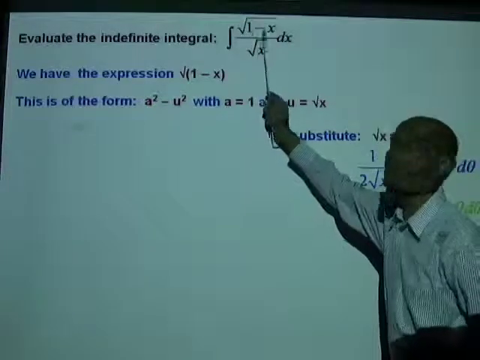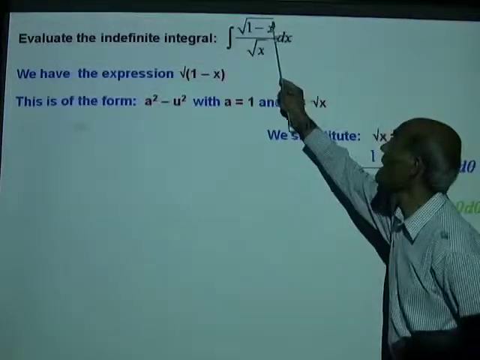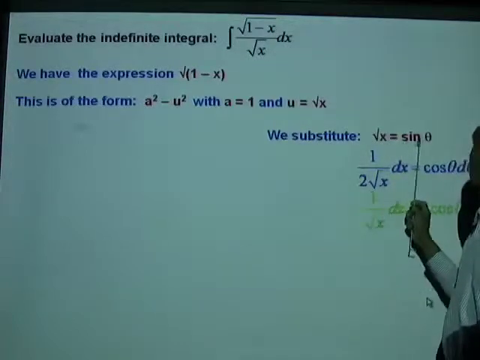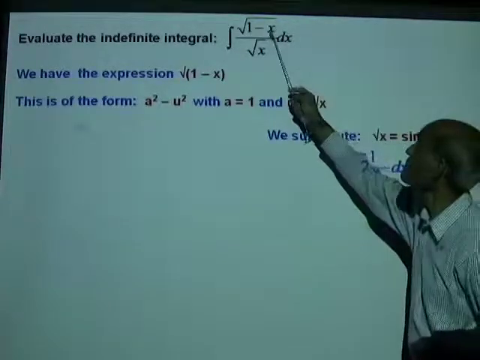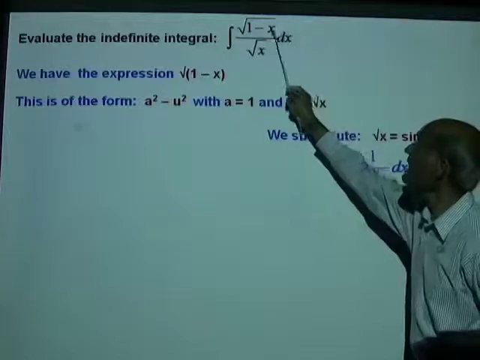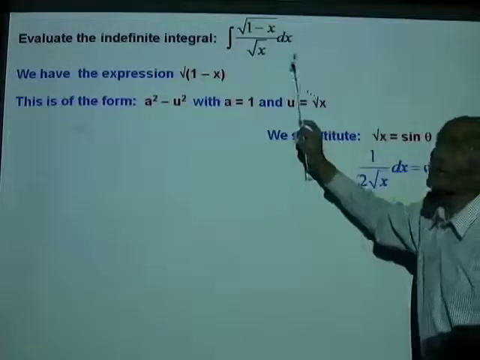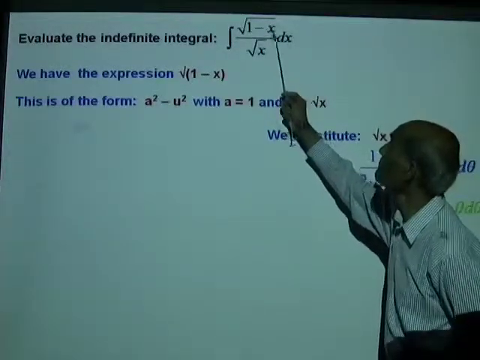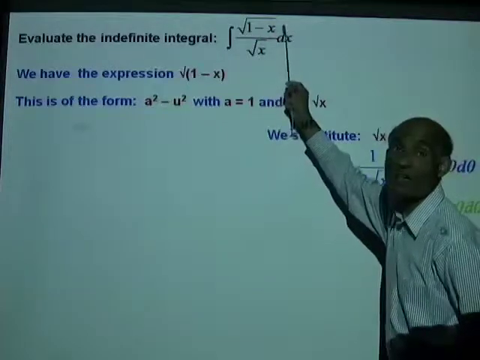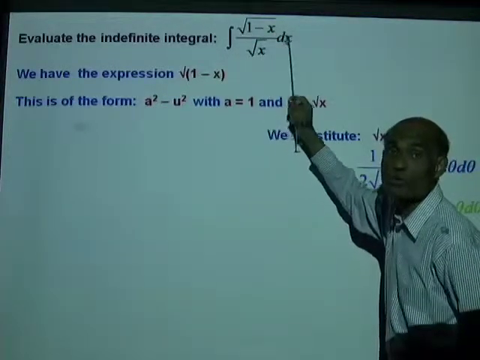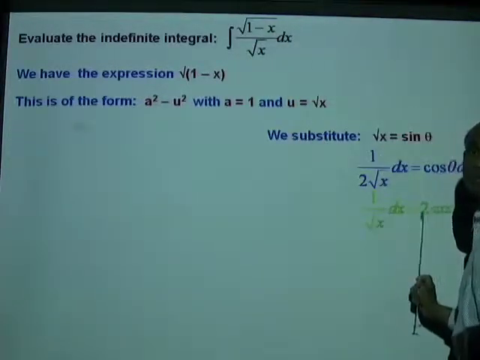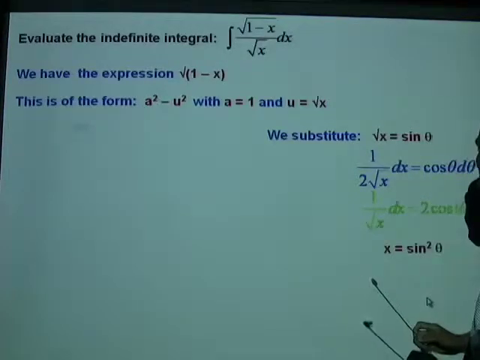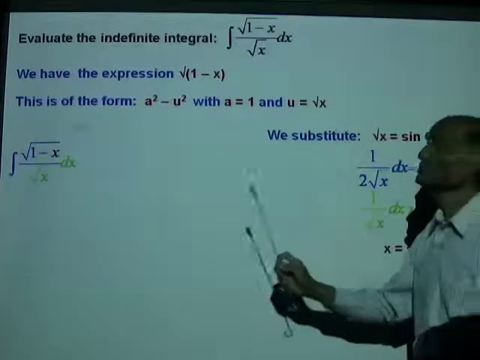So once again, when this x becomes sine squared theta, because square root x is sine theta, x equals sine squared theta, and 1 over square root x dx becomes 2 cos theta d theta. And let's do that now.